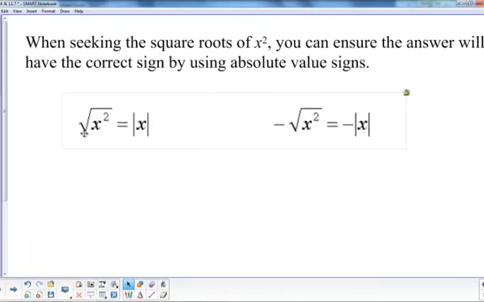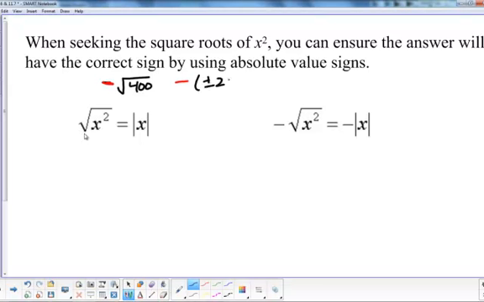So if you have something like the square root of x, what is it? That's either the positive or negative x. So remember how we did that negative square root of, I think it was 400, and I said really, if we take this negative out front, it's plus or minus 20.